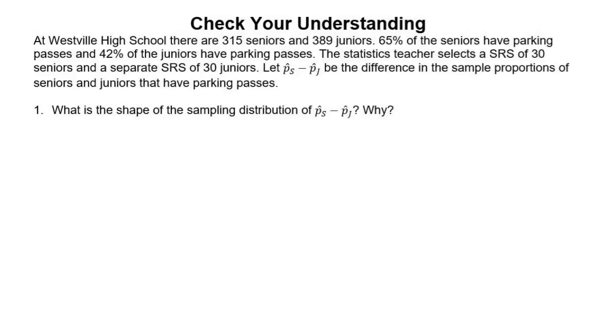Let p hat s minus p hat j be the difference in the sample proportions of seniors and juniors that have parking passes. I want you to answer question number 1 right now and show any work you would need to justify your answer. What is the shape of the sampling distribution of p hat s minus p hat j, and why? I'm going to give you about a minute and a half, and then we'll check your answer with mine.